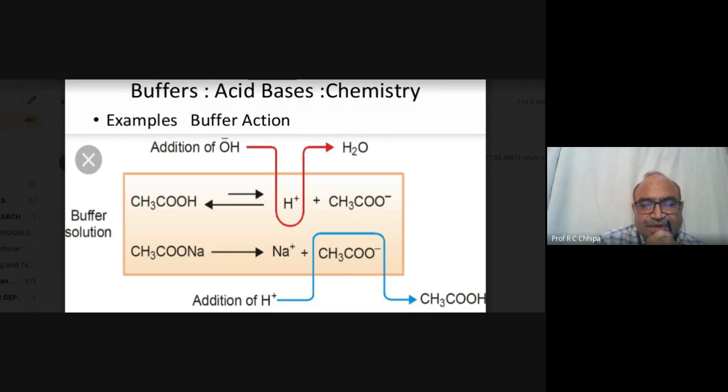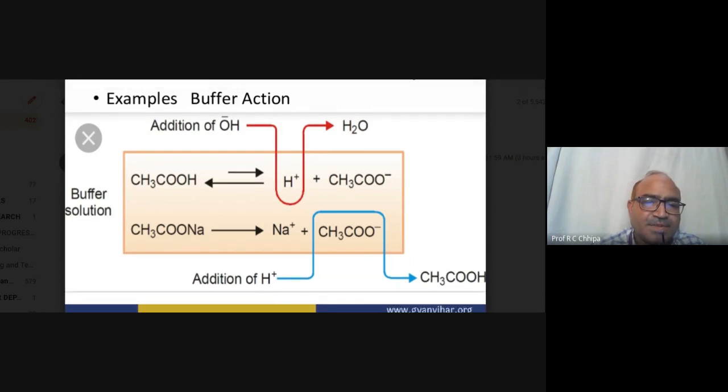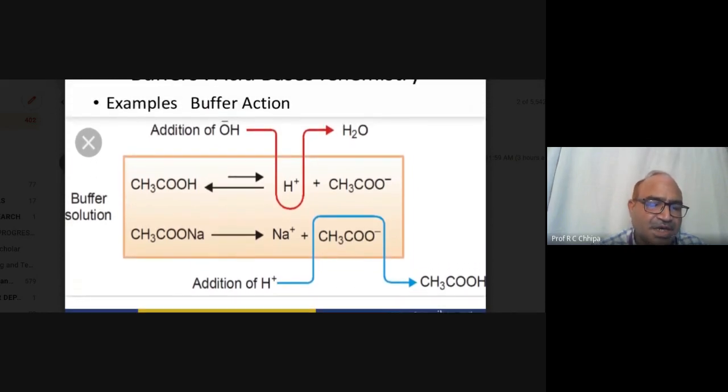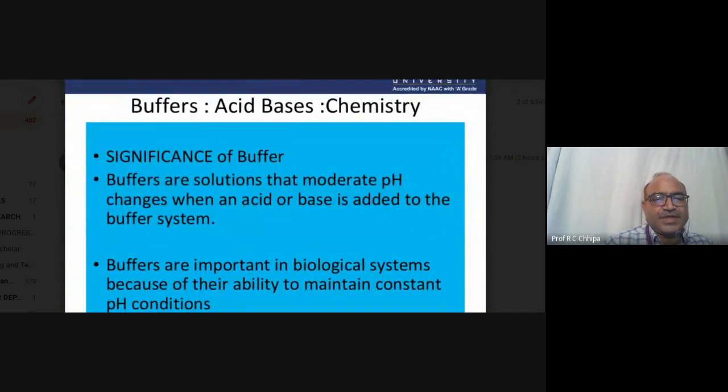This hydrogen cation and the weak base of the concerned compound, the acetate ion of acetic acid, combine with each other and definitely give us acetic acid. So that is the role of the buffer: the addition of a strong acid or a strong base can be nullified.